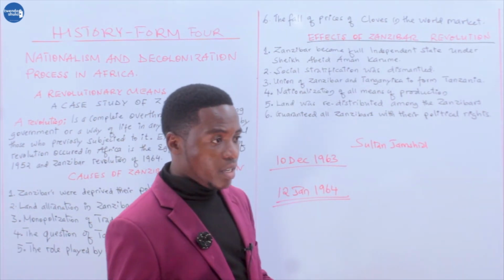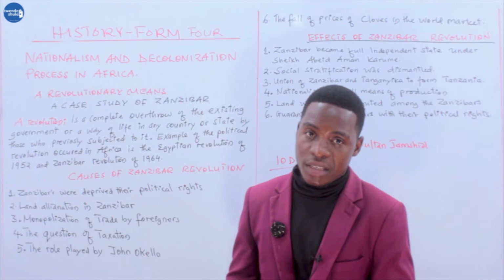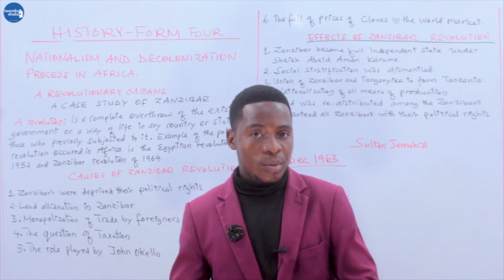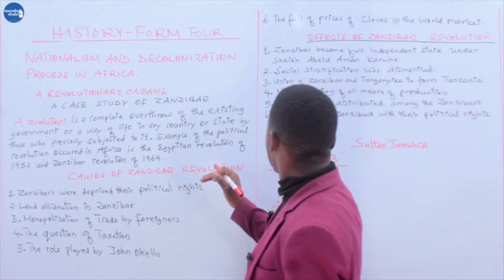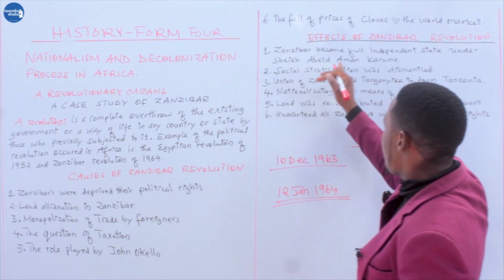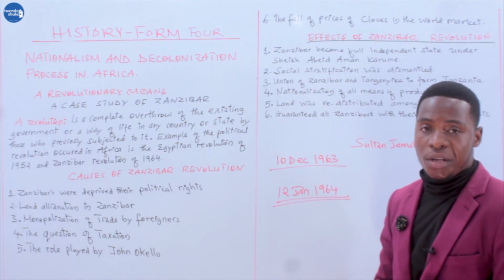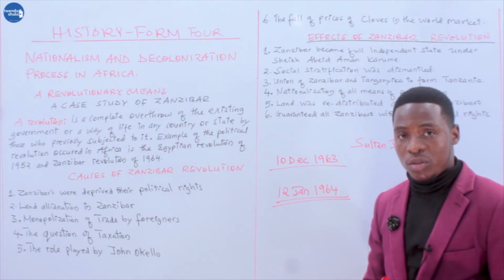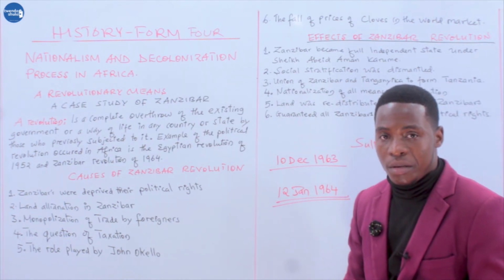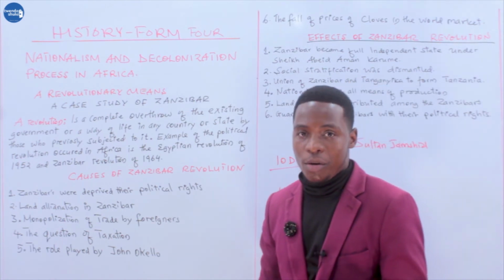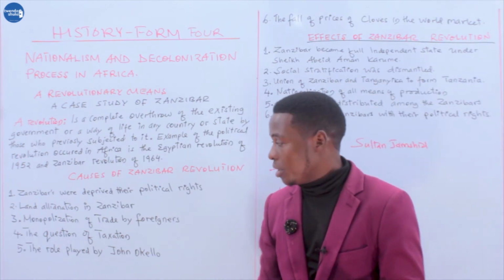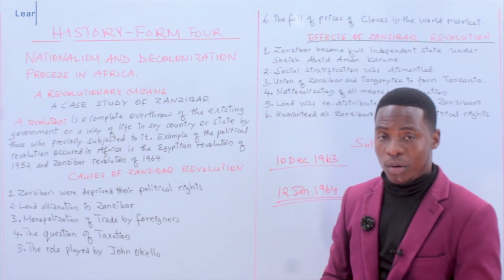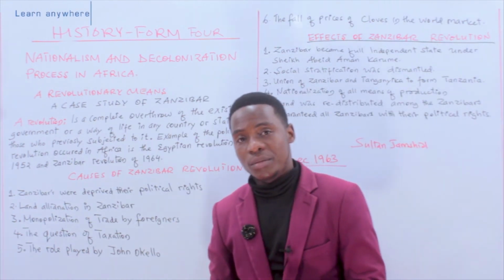Then they formed a new revolutionary government under the leadership of Sheikh Abeid Amani Karume. The revolution was organized by a field marshal, as I call him, John Okello. We will see the role of John Okello in the revolution of Zanzibar.